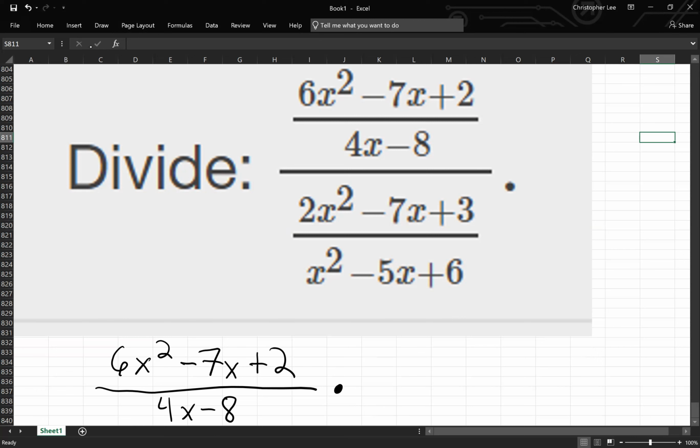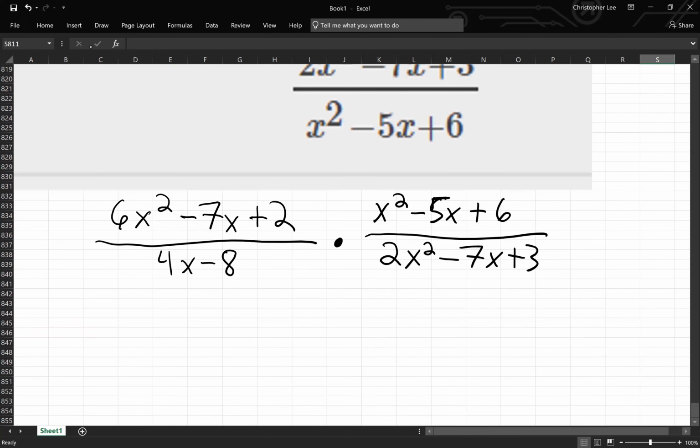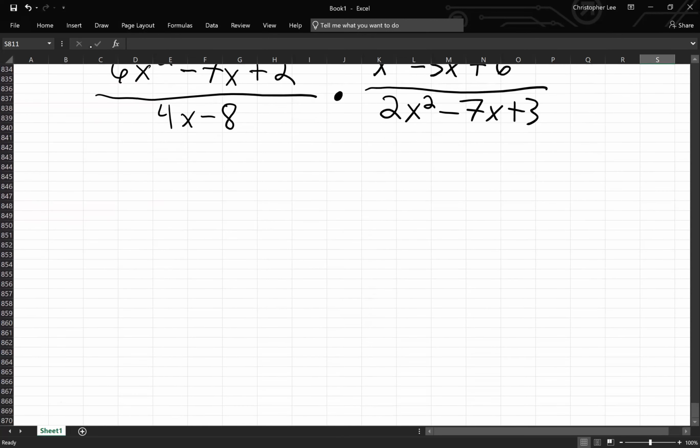So I'm going to put the bottom first: x squared minus 5x plus 6, divided by 2x squared minus 7x plus 3. Just like that.